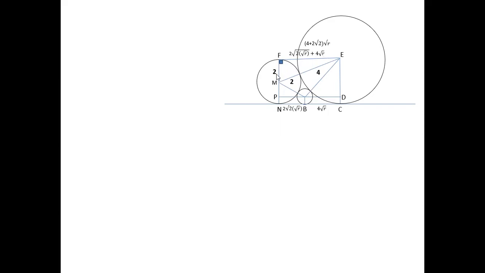And this side is 2 centimeter, the radius of this smaller circle. And this length ME, the radius of the small circle is 2 and the radius of the bigger circle is 4. That means this total length becomes 6 centimeter. So in triangle MFE, it's a right triangle.